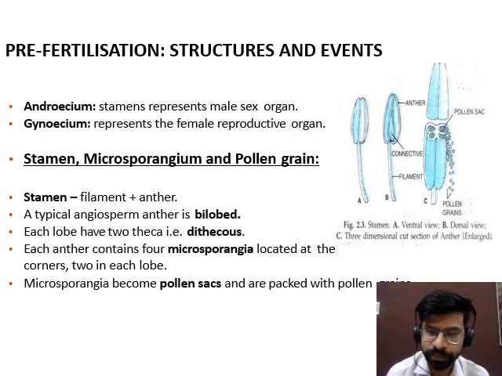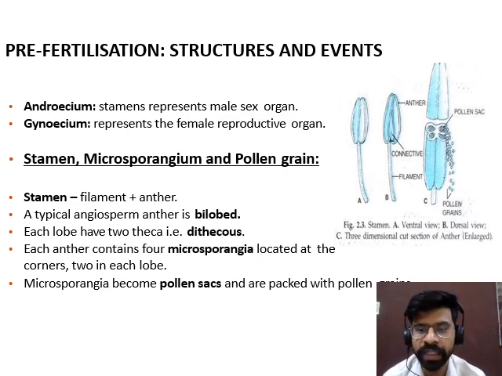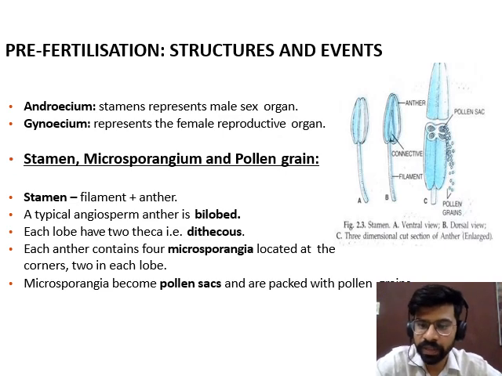In chapter 1, I mentioned the three basic steps of sexual reproduction: pre-fertilization, fertilization, and post-fertilization events. Pre-fertilization events are those events which occur just before the fertilization, meaning the formation of gametes or the gamete transfer takes place.